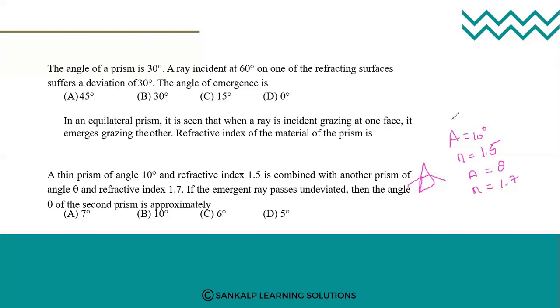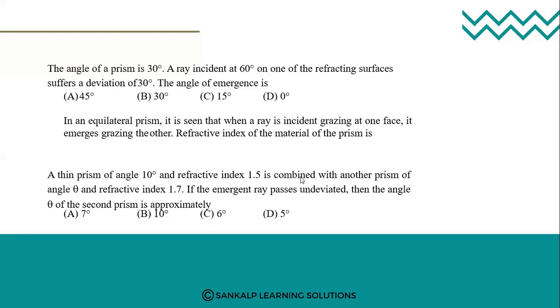Yes, how to do this one, students? Here the refractive index is given as 1.7 and the angle of the prism A is given as 10 degree. Refractive index, one is 1.5 and the other one is 1.7.